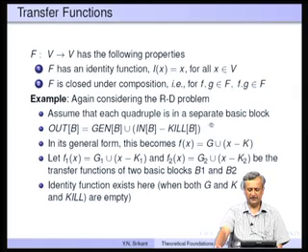Assume that each quadruple is in a separate basic block. Then we have this equation: out b equals gen b union in b minus kill b. If you generalize this and call out b as f of x, then in b is actually the input that we are going to use.